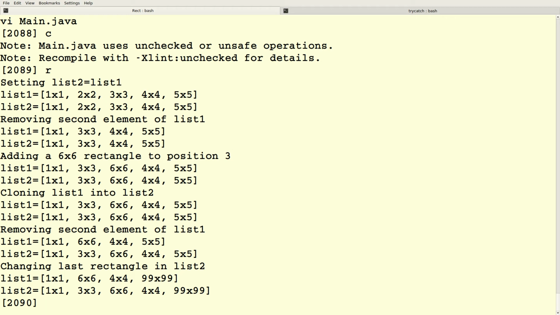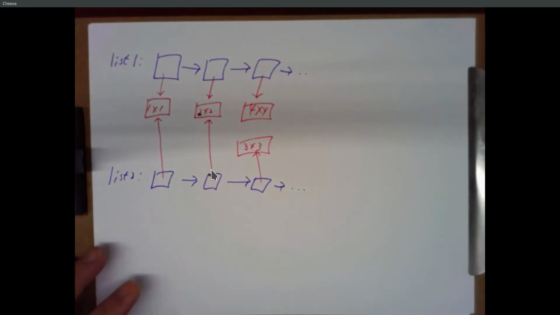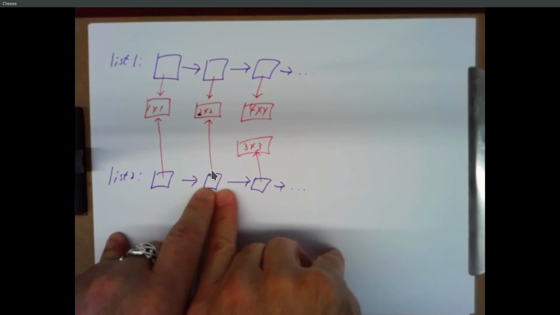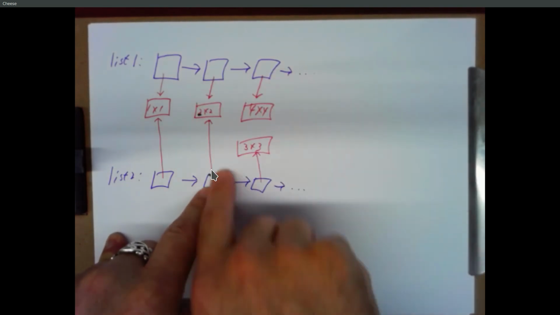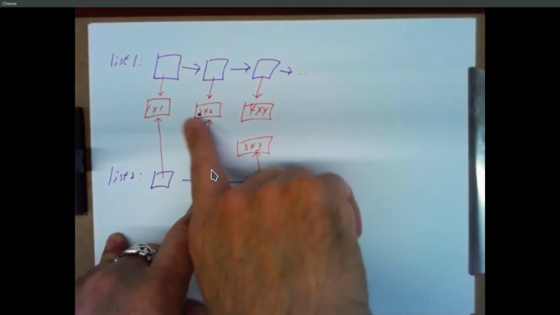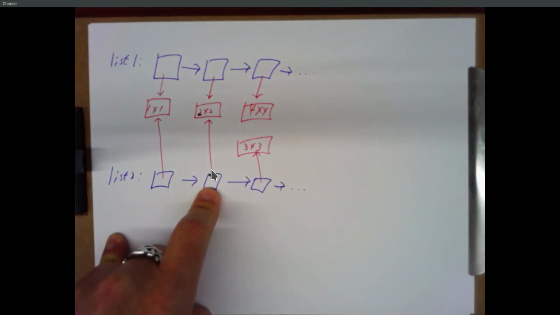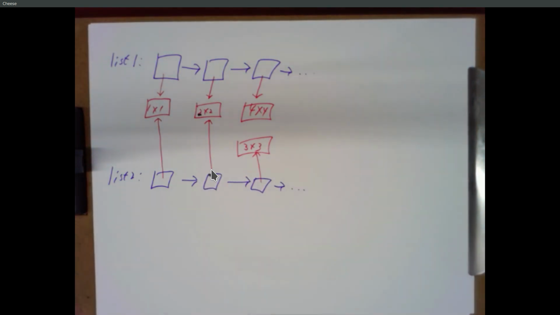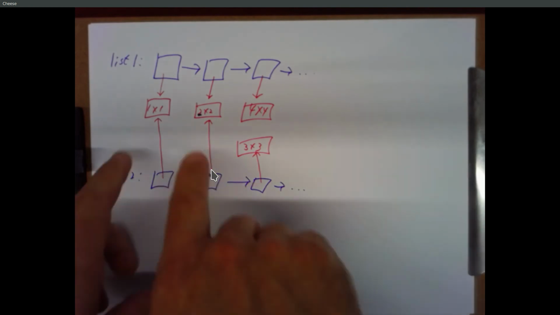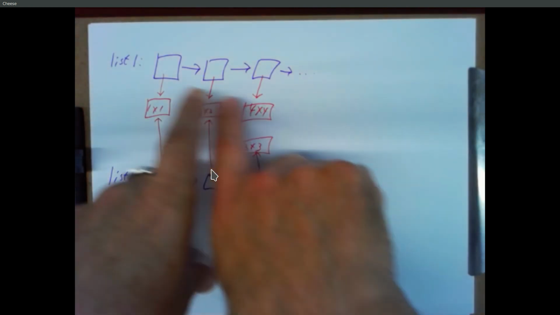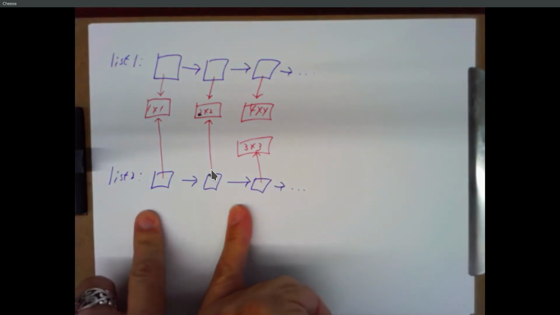So we can change the pointer, the thing that this node is pointing to, so that it points to a 3 by 3 instead of a 4 by 4. We can change where this points independently, but the things that it's pointing to are still shared between the two lists. So if we wanted our own 1 by 1, 2 by 2, 4 by 4 rectangle up here, you have to do a deep copy.